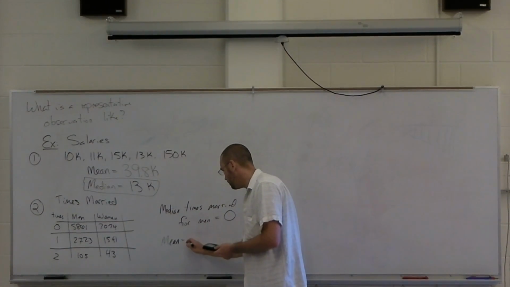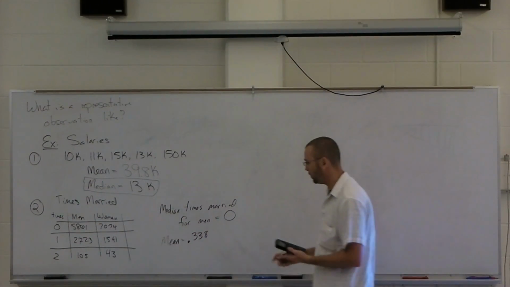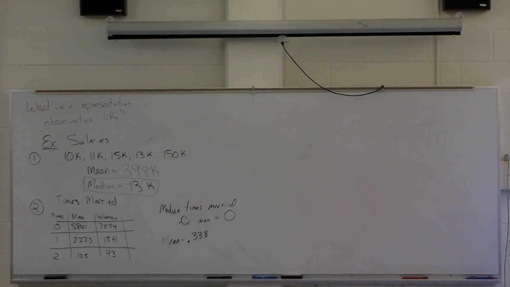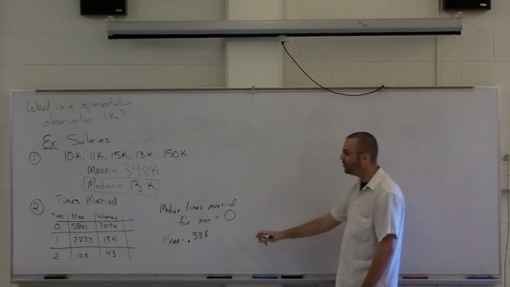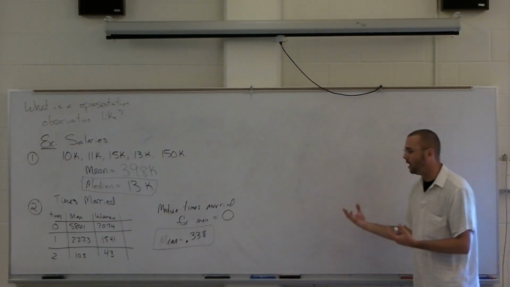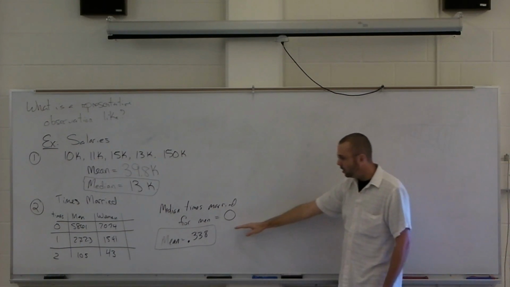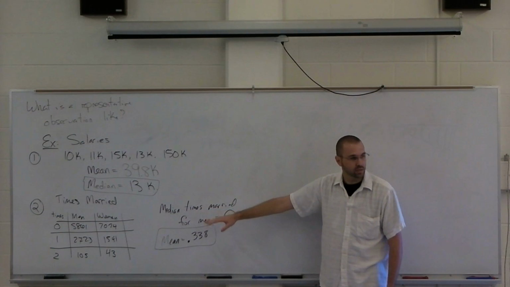A little over a third, 0.338. Now, you have to look at this and ask, what does it mean to be married 1/3 of the time? Well, it means like you marry Britney Spears for an hour and then you get divorced. But this value does give us an indication that the majority of the people in our sample were not married, but there were some people that were married at least one time.